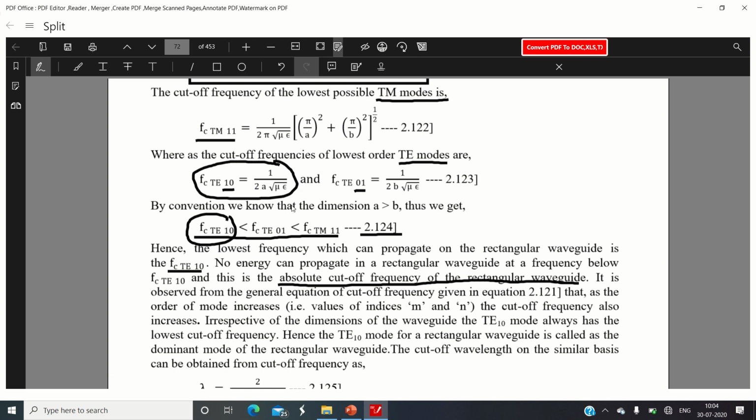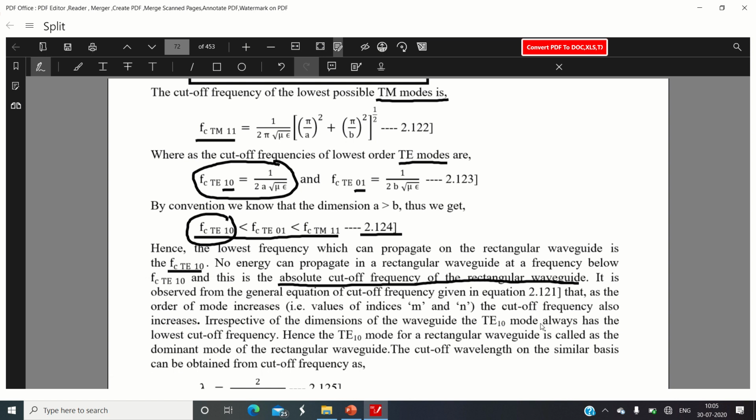The frequency should be calculated by taking into account the broadest wall of the rectangular waveguide and the medium. It also depends on the medium, permittivity and permeability, right? So it is observed from the general cutoff equation given in equation 1.2.1 that as the order of the mode increases, the cutoff frequency also increases.